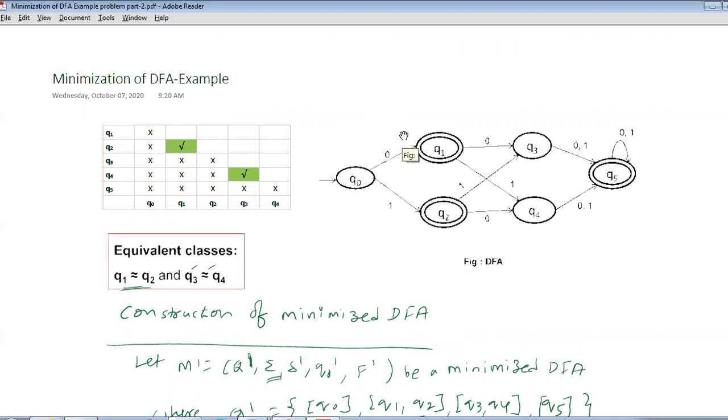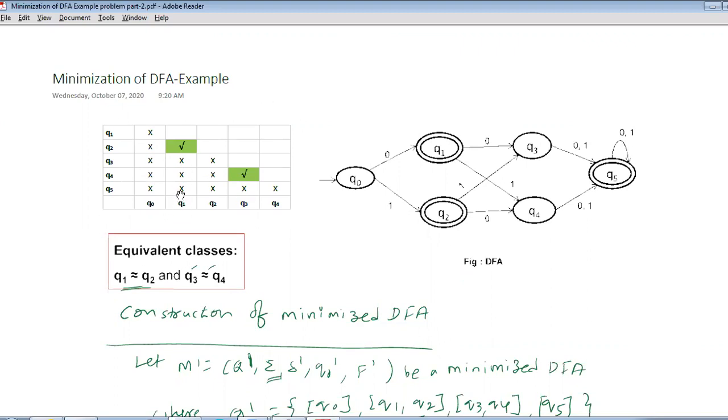Then we started solving one example problem. We continued finding equivalent classes by applying the table filling algorithm. In this table, after completion of applying the algorithm with 4 steps, you can see the final table here.